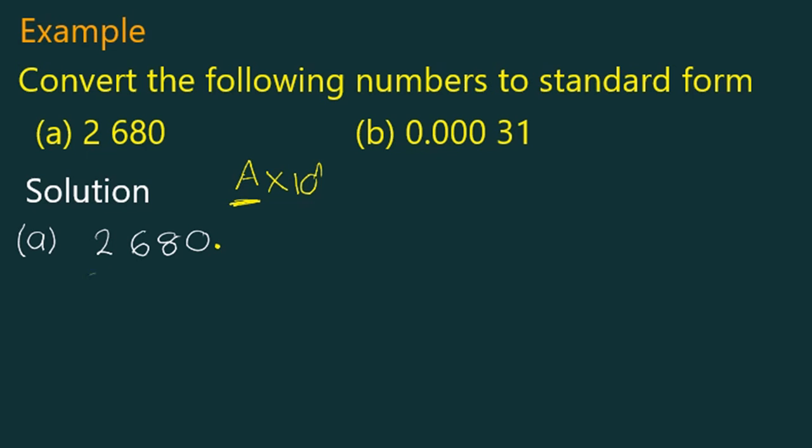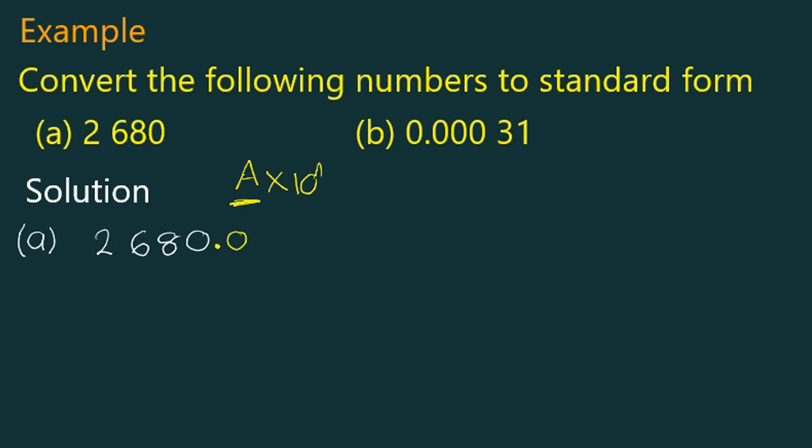For this value to be in standard form, the decimal point should be positioned where this value will become a number that is between 1 and 10. In other words, it should have only one digit before the decimal point. In this case, it has 4 digits before the decimal point, but we want to move our decimal point so that we only have one digit before it.